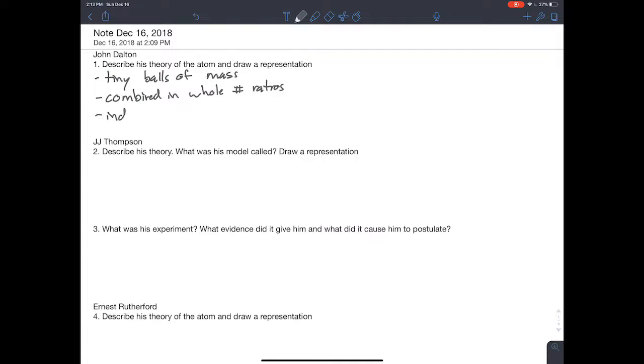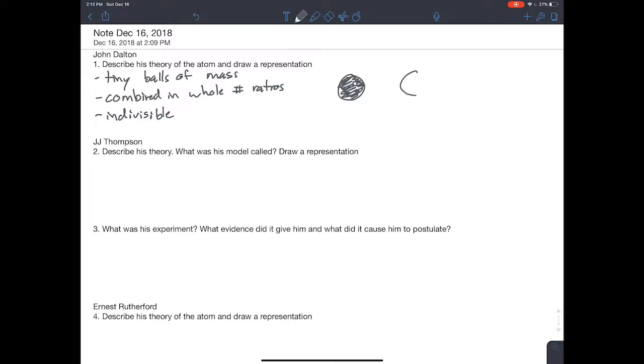They were indivisible, with liberty and justice for all. So his model would have just looked like a ball. Billiard ball, just a ball.